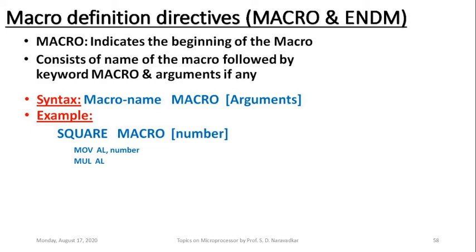Move al comma number and multiply al. It means that it will simply form the square of the contents of that register al itself. And then subsequently I define the end of macro here, ENDM. So these are the macro definition directives. This is the end of the macro which is written at the end.